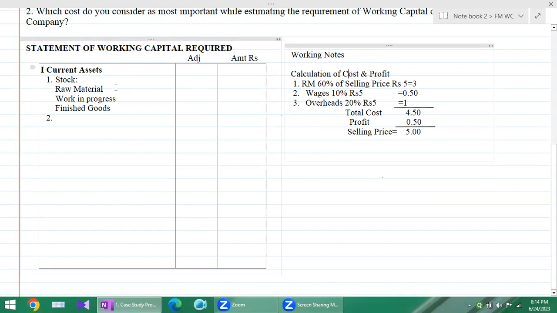So raw materials we have taken here first. Now stock of raw material. This is one calculation, number 1, Roman 1 we can take here. Then comes Roman 2.